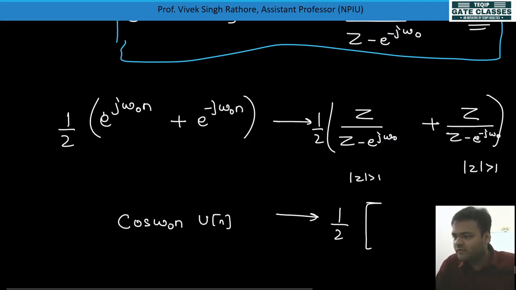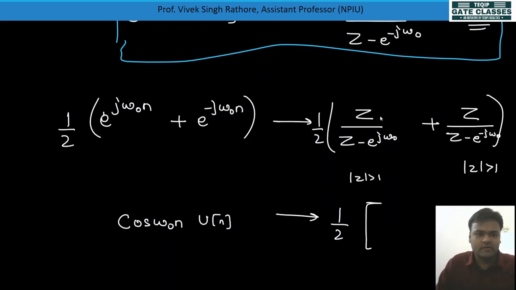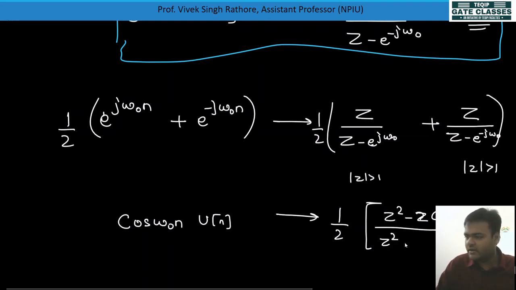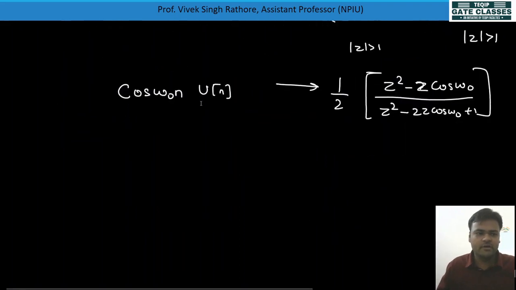If you cross multiply here, the final value we'll get is z square minus z cos of omega naught, and in the denominator we'll get z square minus 2z cos of omega naught plus 1. And where will be the ROC? The ROC will obviously be mod z greater than 1.